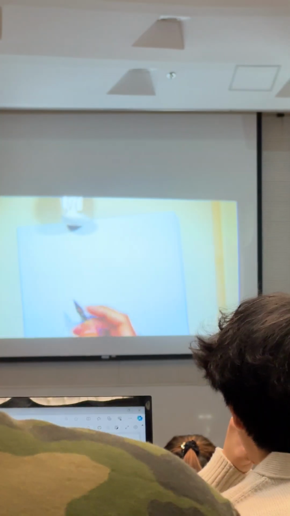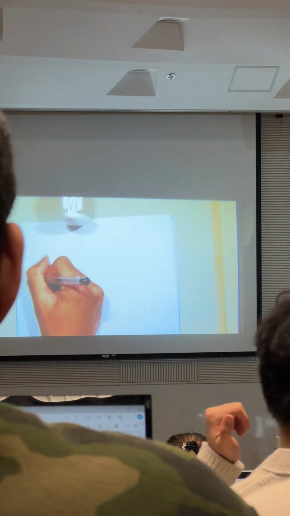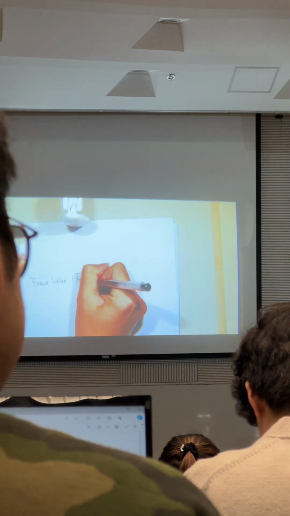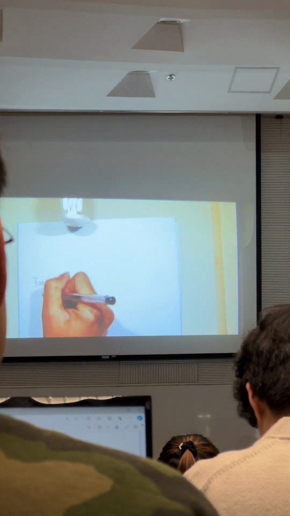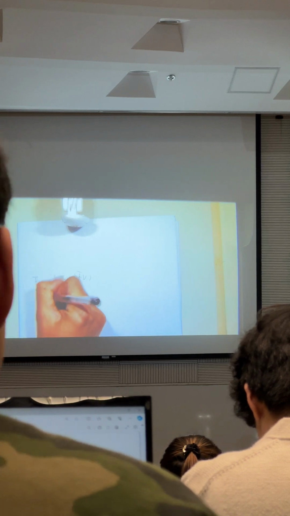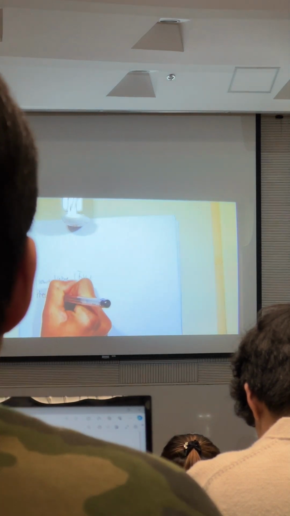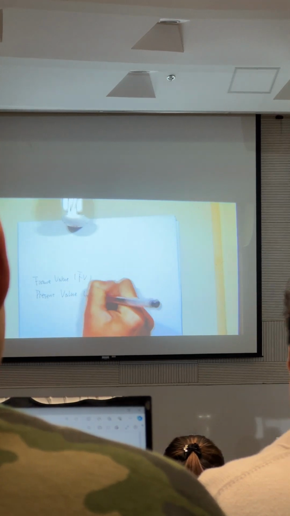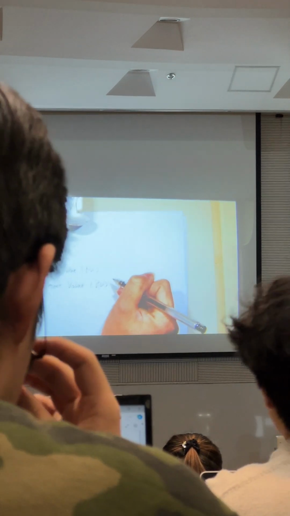So let's use this. Future value. Can you see this? We call this FV. And the present value. I think this should be covered in your financial management course. PV.